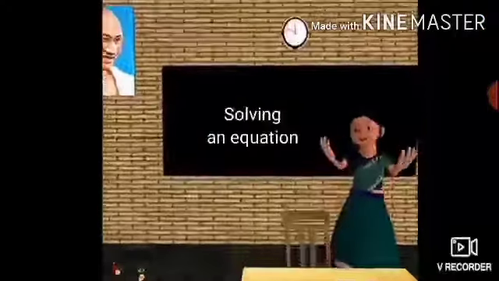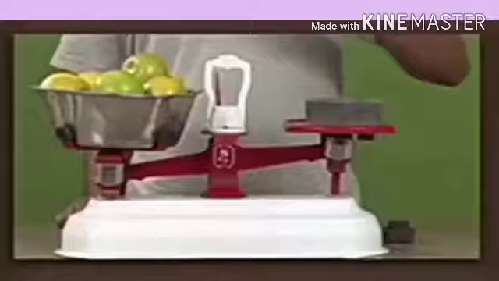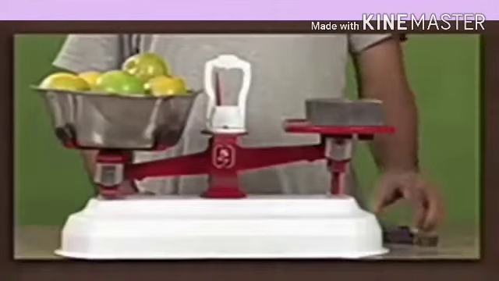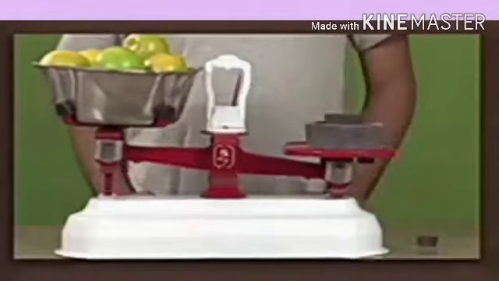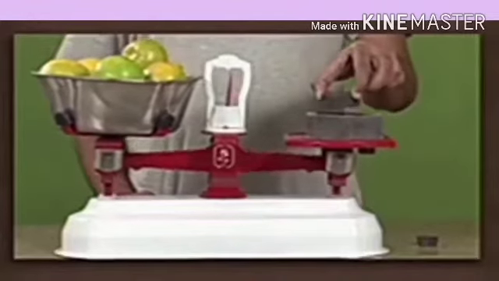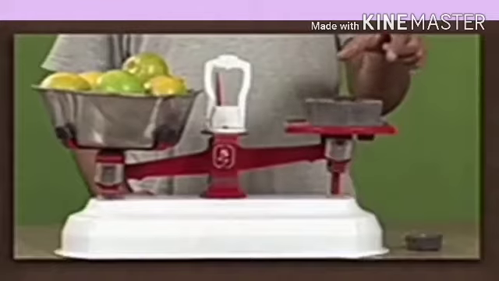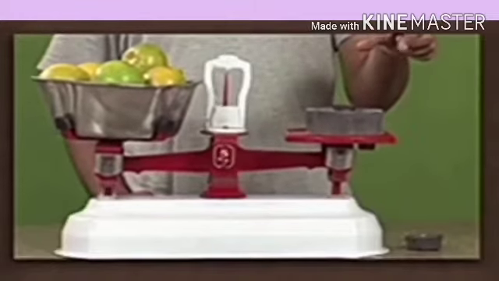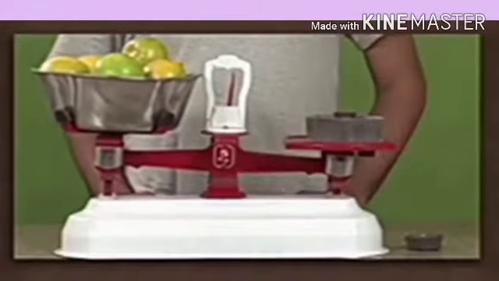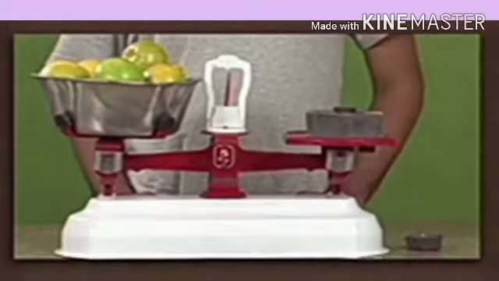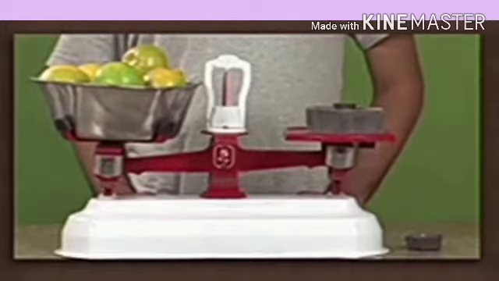Let us see solving an equation. Students, an equation is like a weighing balance with equal weights on both of its pans, in which case the arms of the balance are exactly horizontal. If we add the same weights to both the pans, the arms remain horizontal.